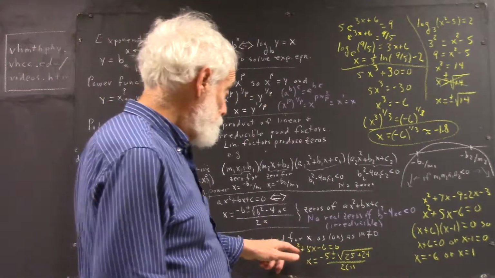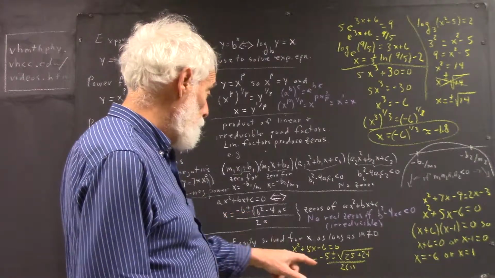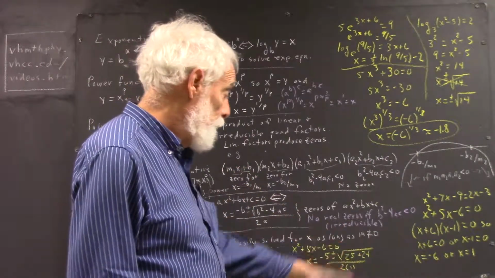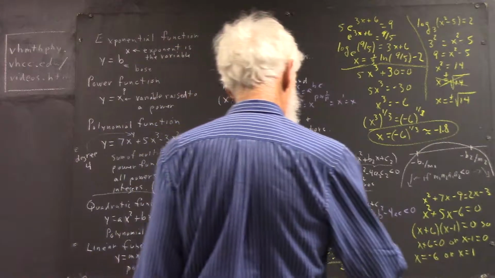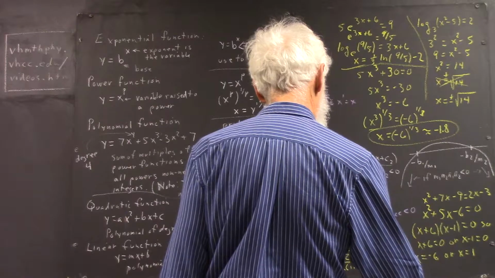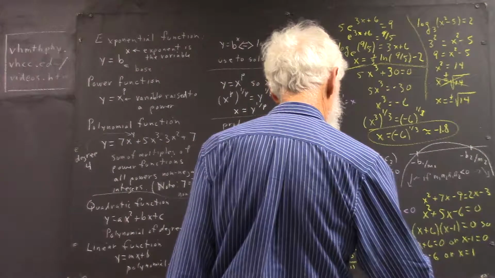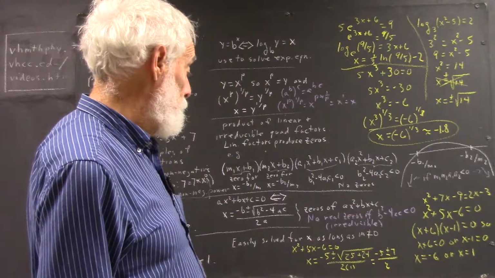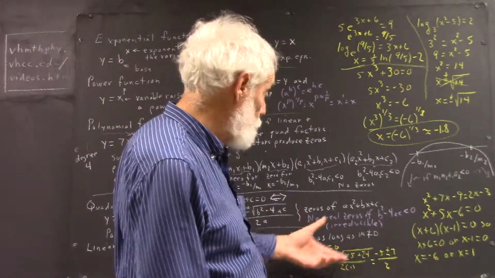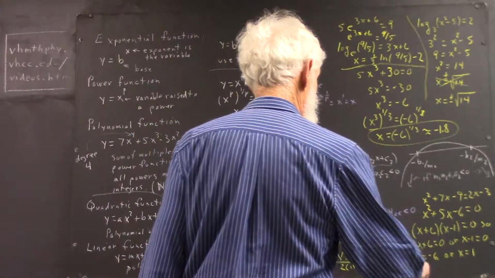Just plug in 1 for A here, and 5 for B, both places, and 6 for C. Just plugging it in. These are the numbers that we get. And that equals negative 5 plus or minus 7, divided by 2. 7 because 25 and 24 is 49, and the square root of 49 is 7. Didn't have room to write it all out, but you can write it out and verify that.